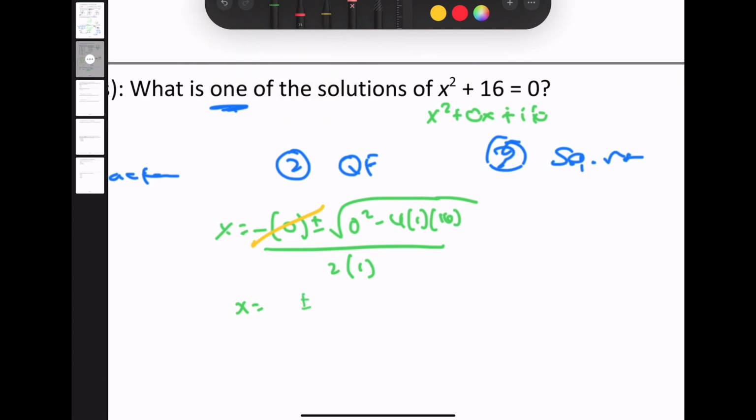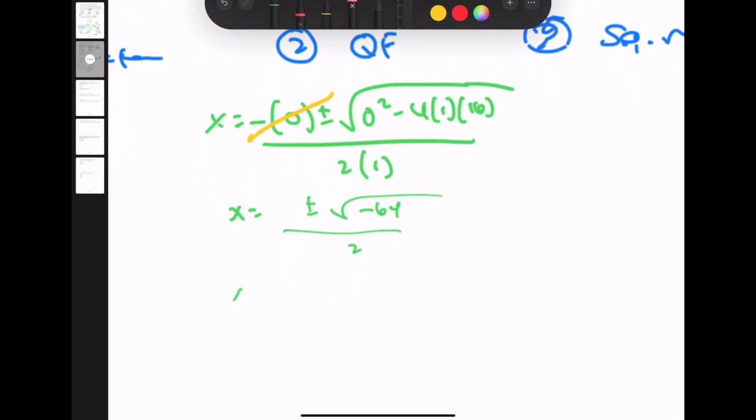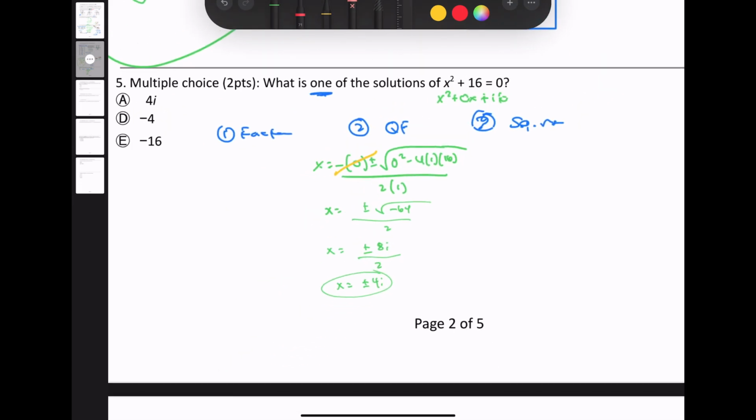So now I have plus or minus the square root of 0 minus 64. So that's just negative 64 over 2. That'll reduce to 8i over 2. So x equals plus or minus 4i. And that would only be choice A.